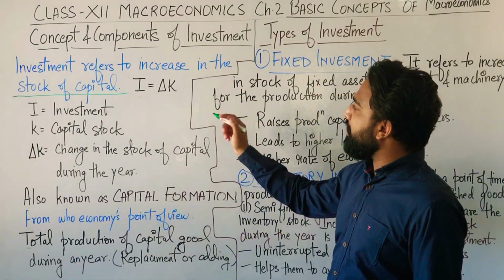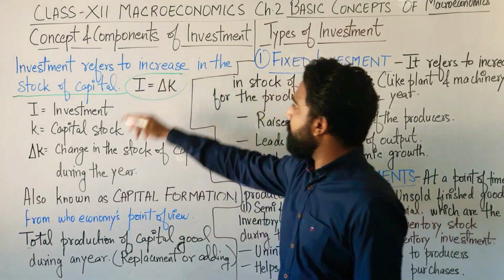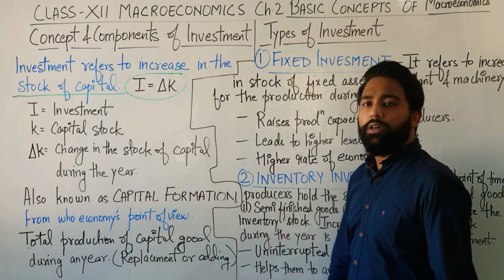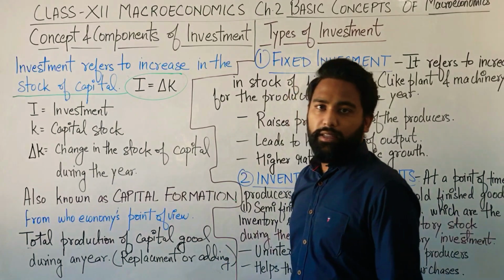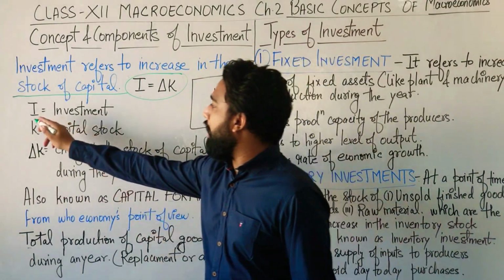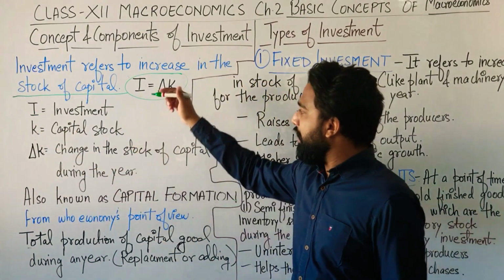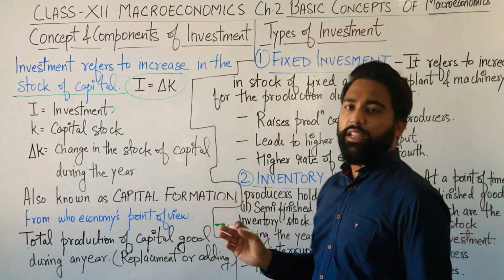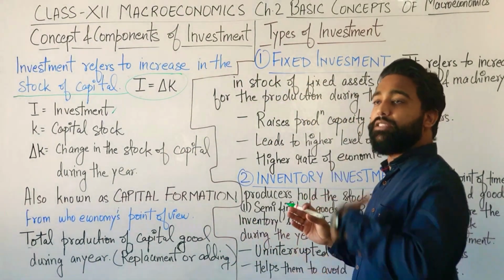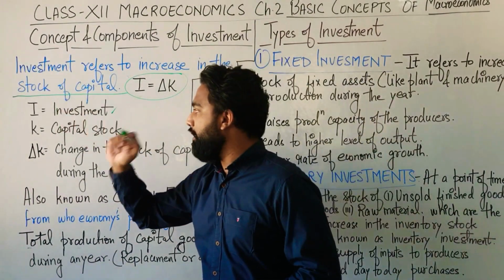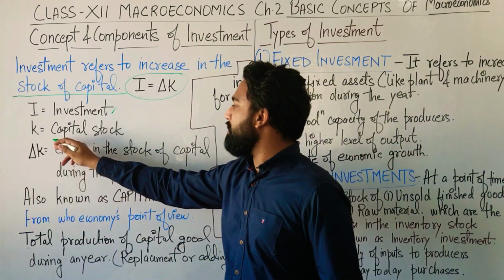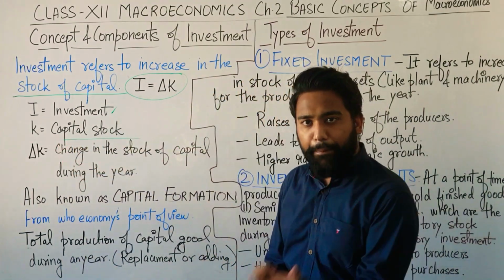Now, investment is denoted by this equation, which is I is equal to delta K. Now, I means investment. Investment in economics is denoted by I. Now, what is K? K means capital stock or capital.